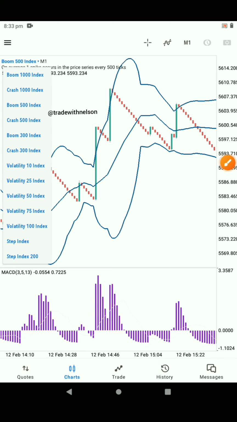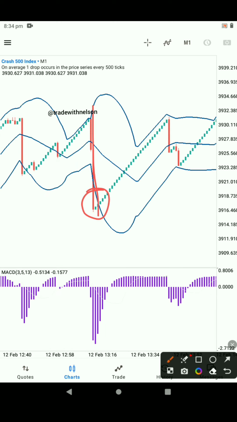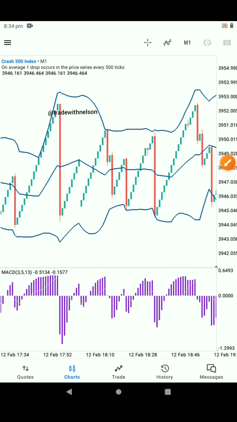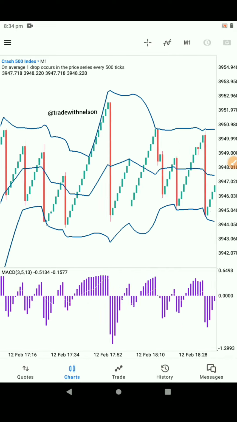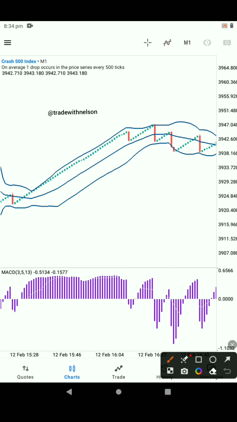So the same thing also goes for the Crash 500, dips into this level, enter a buy, count 5 candles, enters into this level, wait for the up bar to create, enter, count your 5 candles and exit. So this strategy works for the Boom and Crash 1500, but for 300 it is not as accurate as the other two markets.